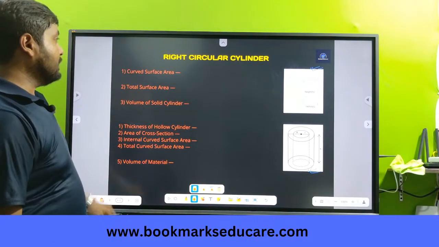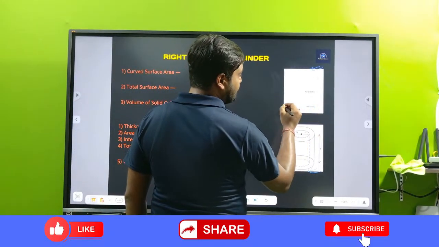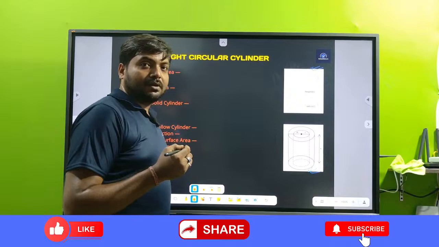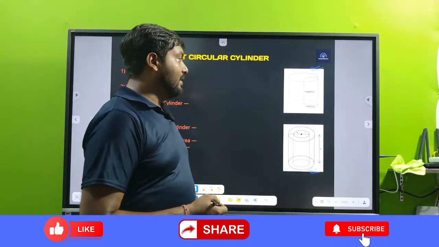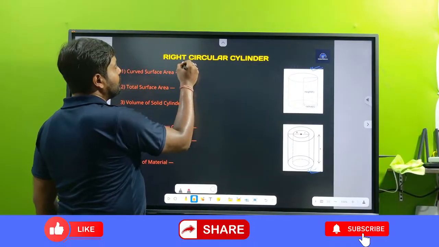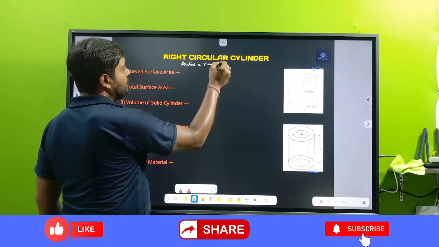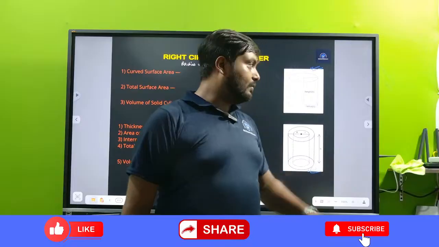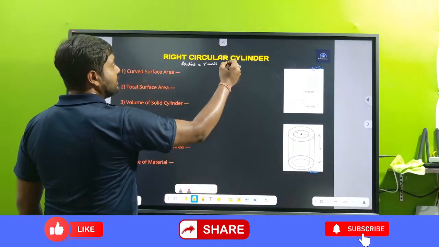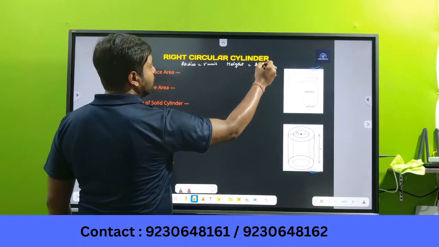First, our cylinder has a radius. The cylinder has a circular base, so obviously it has a radius, and the radius is here denoted as R unit, and it also has a height, and the height of the cylinder is, let's say, H unit.